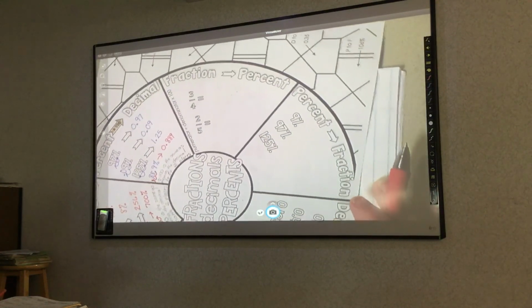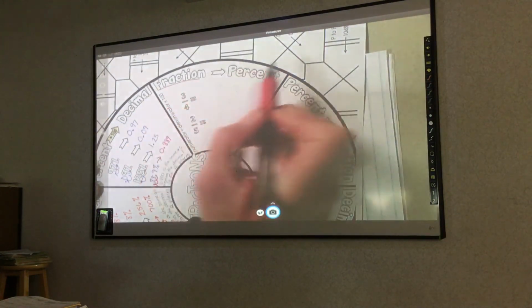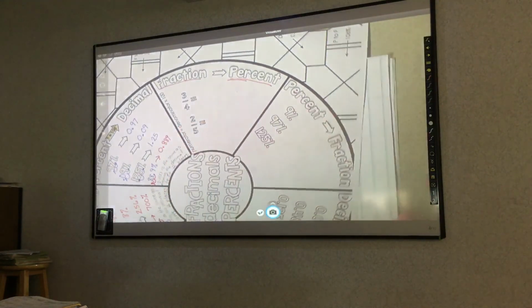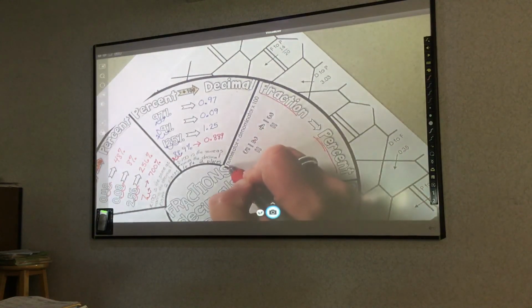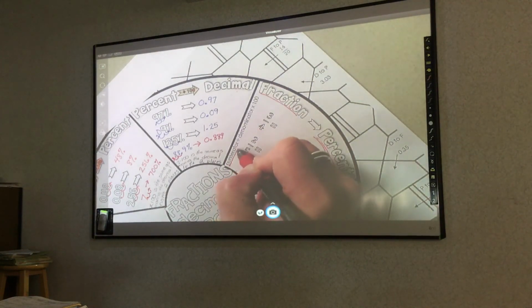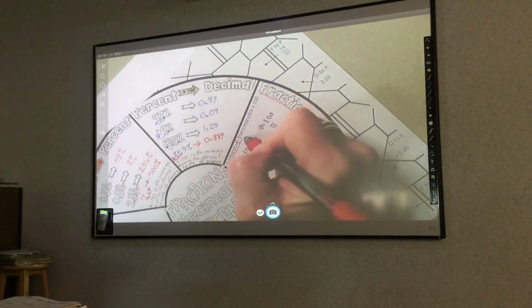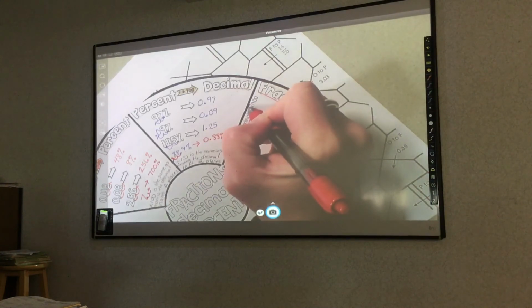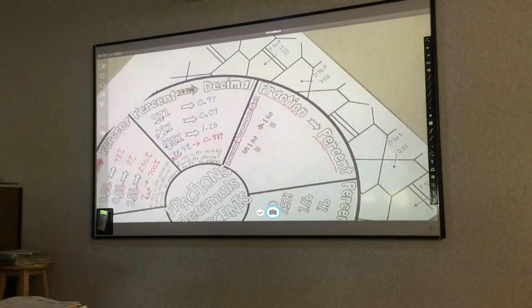So now I'm doing a fraction to a percent. On this one, you take the numerator, circle, divided by the denominator, circle, times 100.